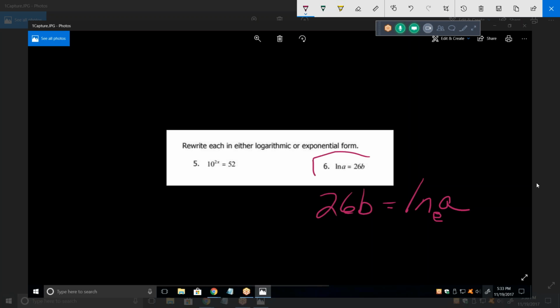So my technique works as long as the natural log is on the left side only. But nonetheless, you can always figure out what the rule is by making sure that is on the left side, and then just use the number that's furthest to the left as the base, raised to the power of the thing furthest to the right equals the thing in the middle. All right. Okay.